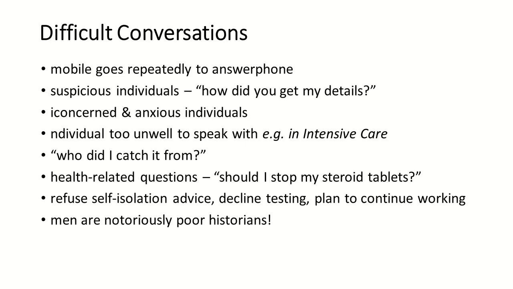You'll be dealing with concerned and anxious individuals, and sometimes individuals who are too unwell to speak, for example because they're in intensive care, in which instance you may need to speak to the next of kin, to relatives, to get the story.